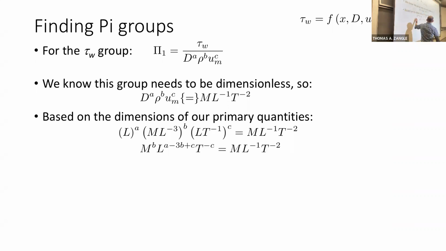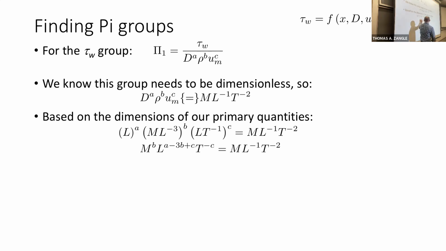So we can expand this out, right? Or simplify this, gather all our terms together. M to the B, L to the A minus 3B plus C, T to the minus C. So if we look at the L term here, we have an L to the A minus 3B plus C. So that's exactly where this power came from.